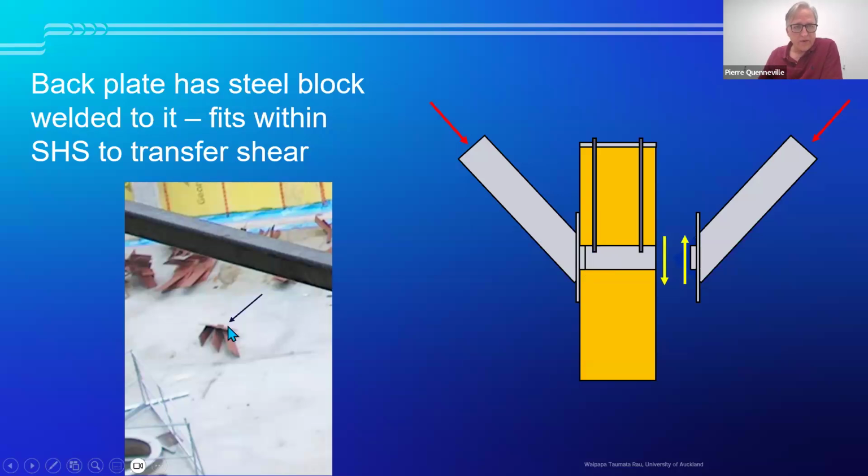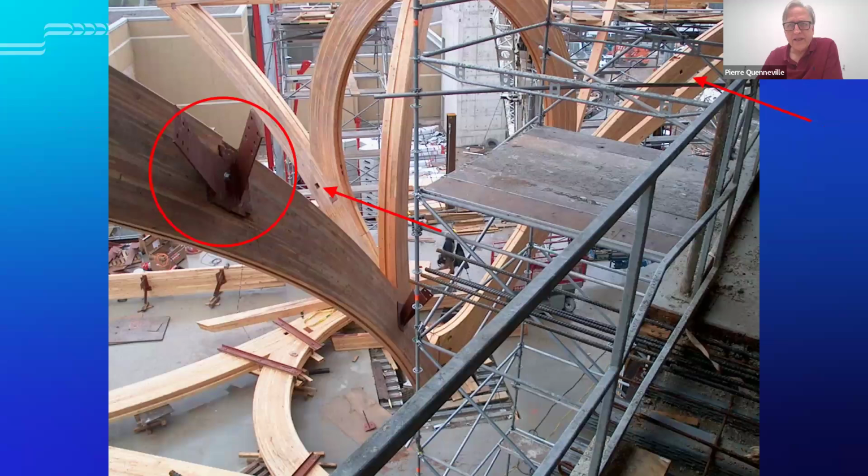We see in the photo on the left, you can guess this block that is at the back of the back plate, and if you want to see the inserted hole, we see them here.